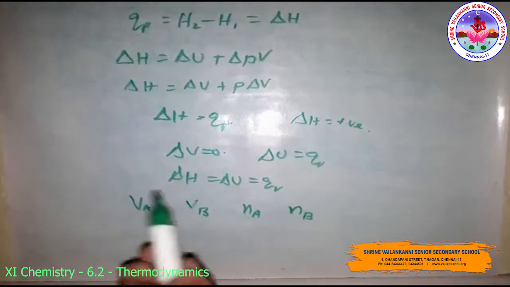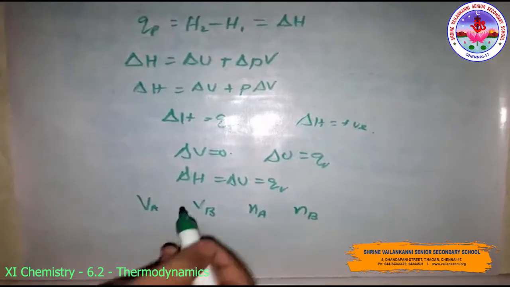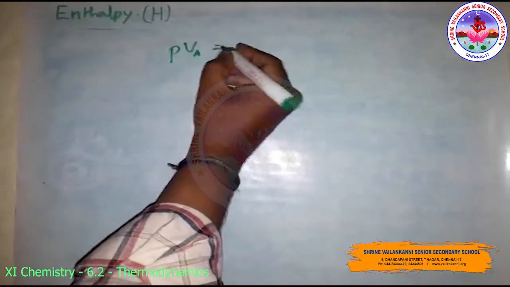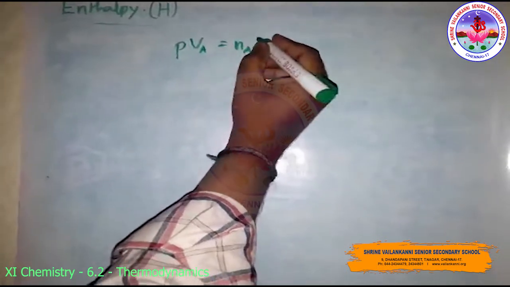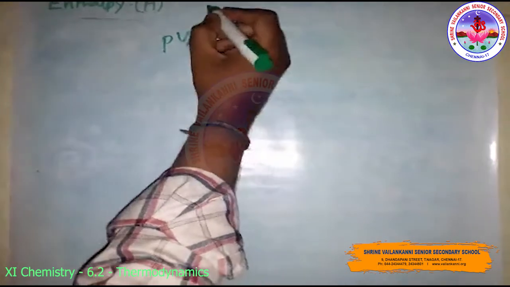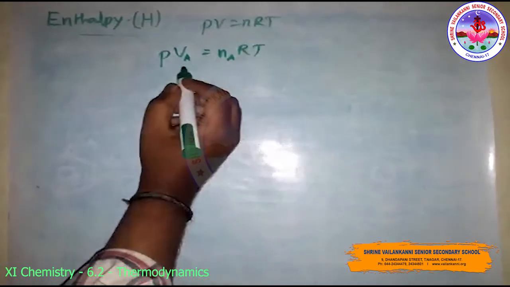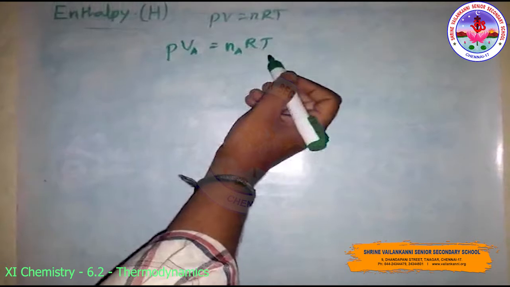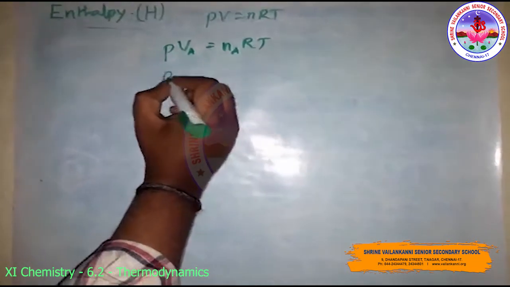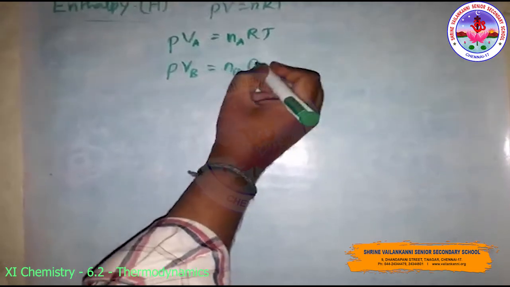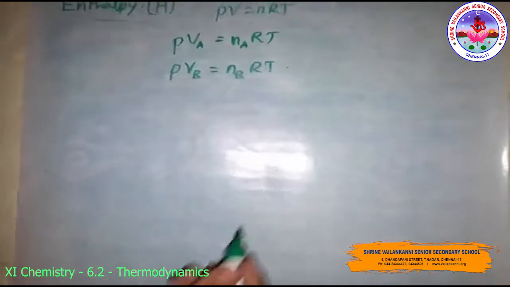So we can use the ideal gas equation, PV is equal to nRT. Here PVA is equal to NA RT. Similarly PVB is equal to NB RT, for reactant and product.